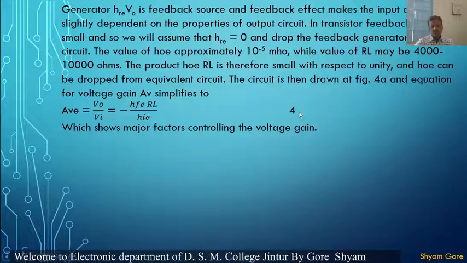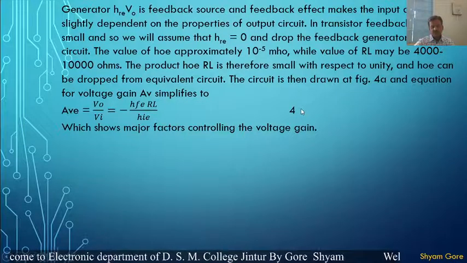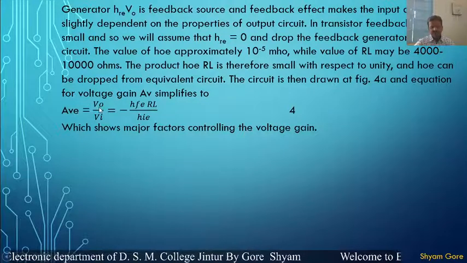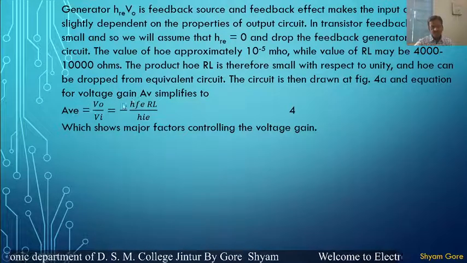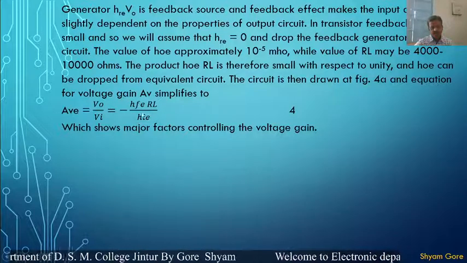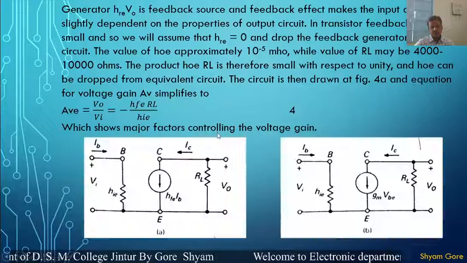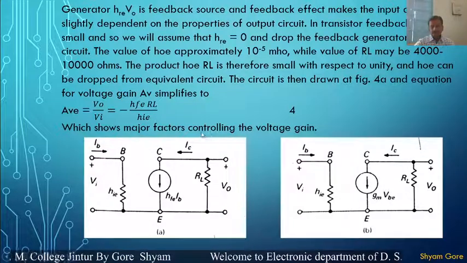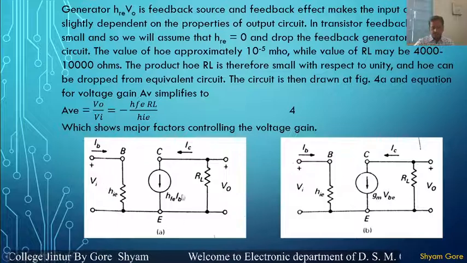This shows the major factors controlling the voltage gain. In the voltage gain of the transistor, the major factors which control it are HFE, RL and HIE, and the circuit is like this.